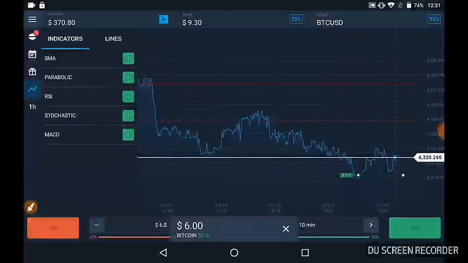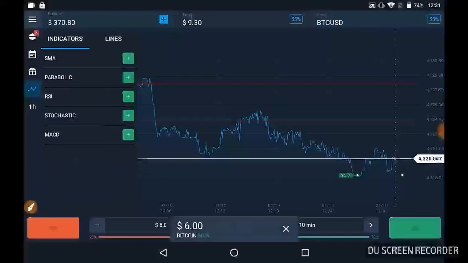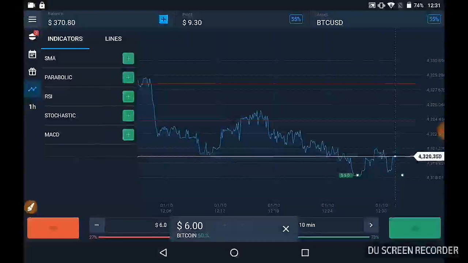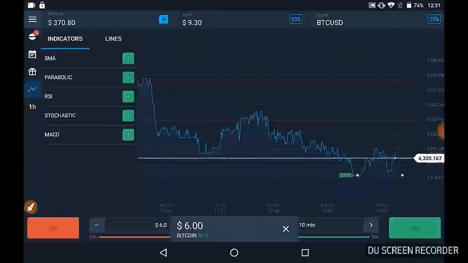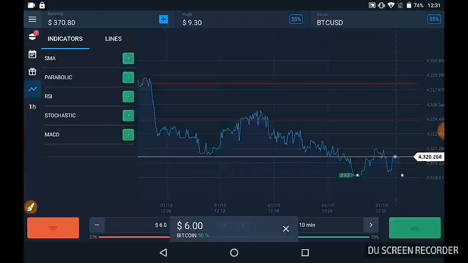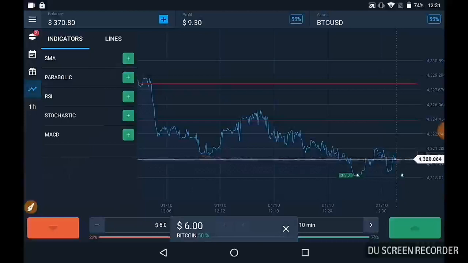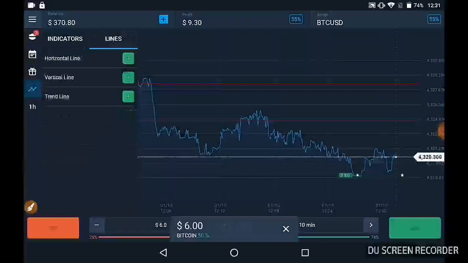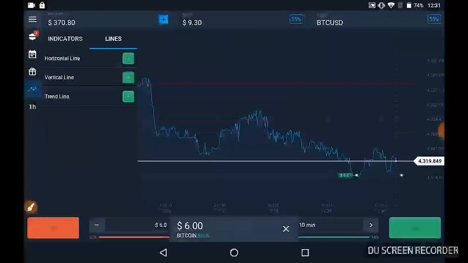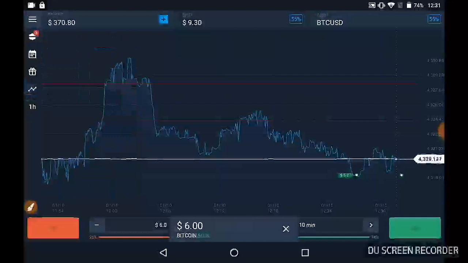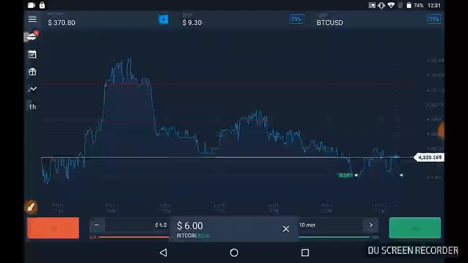There's a whole bunch of indicators like parabolic and moving average and relative strength and stochastic and things that only technical people will understand, so I'm just leaving that out. You can see a bunch of trend lines also, and we'll go back to the trades.